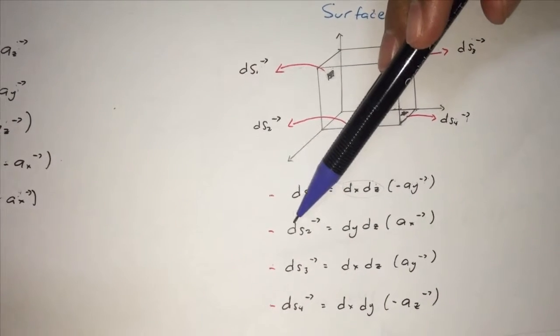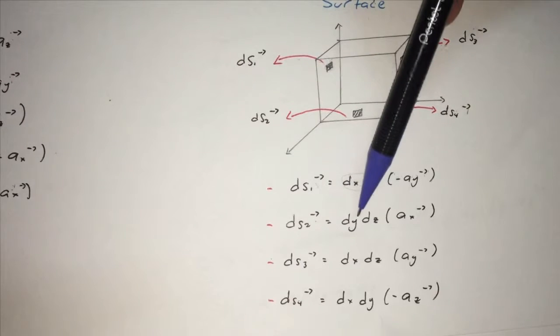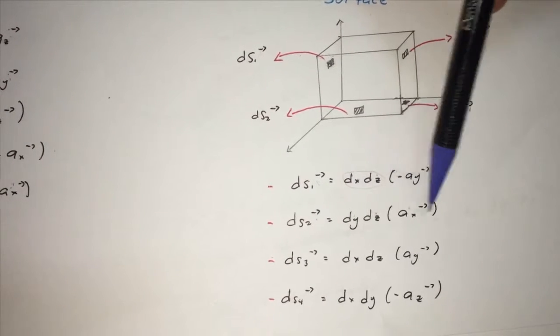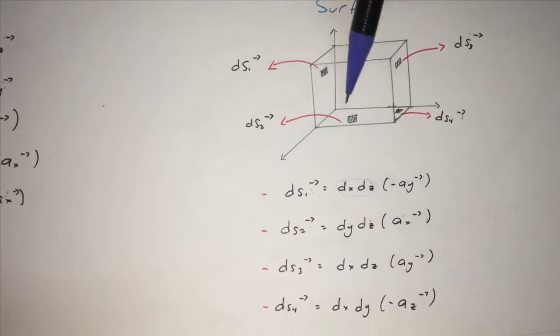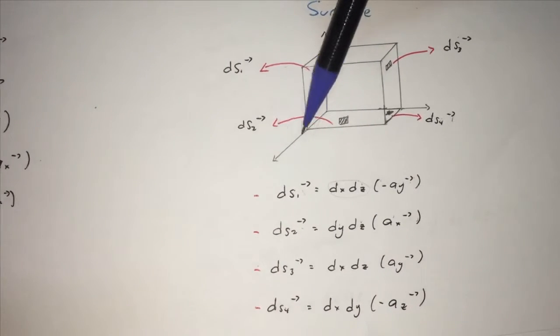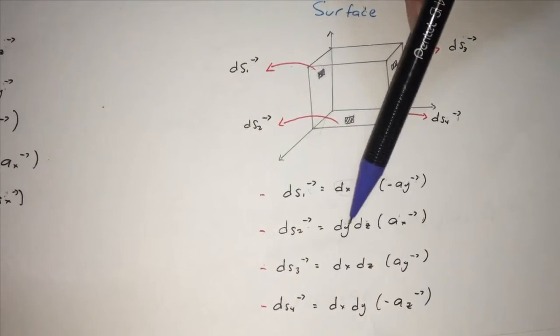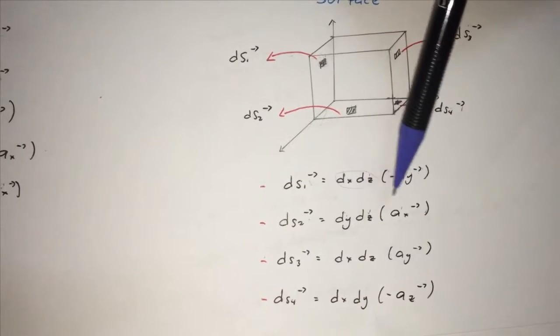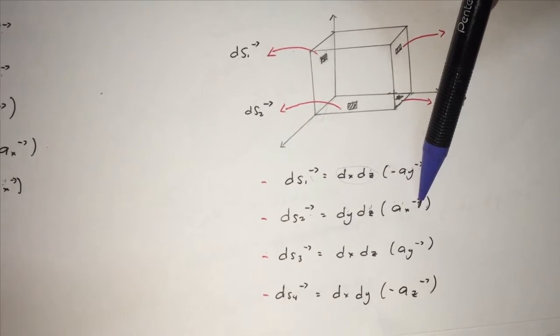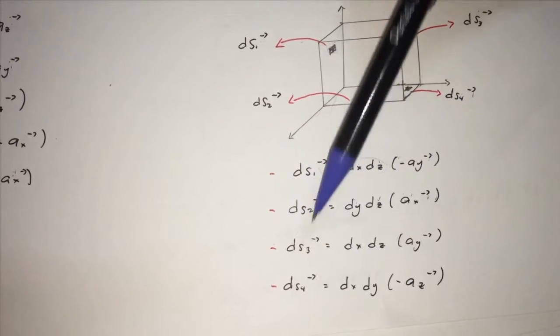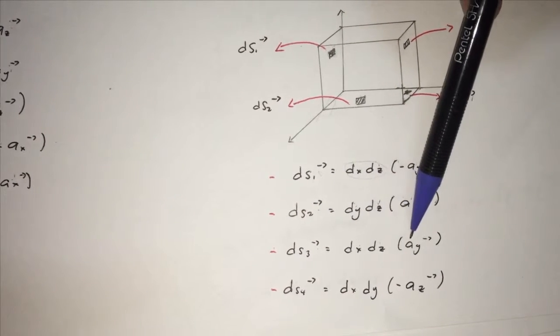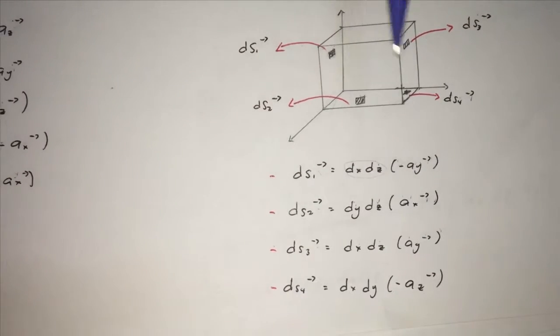So for the d surface 2, dy dz ax, this point is on x plane, so we will get dy dz ax direction. For the surface 3, dx dz ay direction.